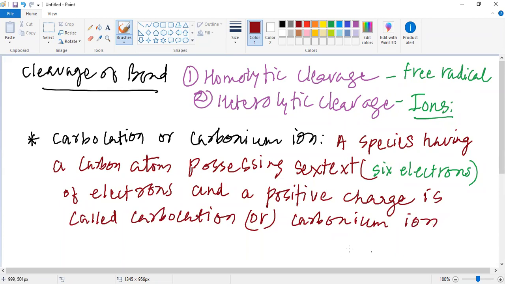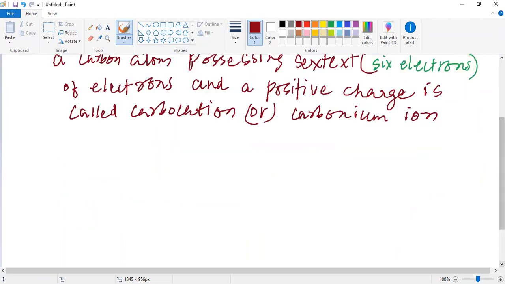So, my dear students, let us understand this in detail so that we can understand it better. Suppose we have a compound CH3Cl. And what happens? This bond is being broken. So first, let us understand how this CH3Cl has been formed.